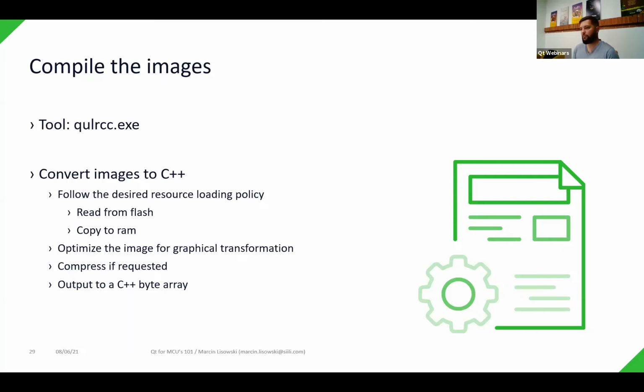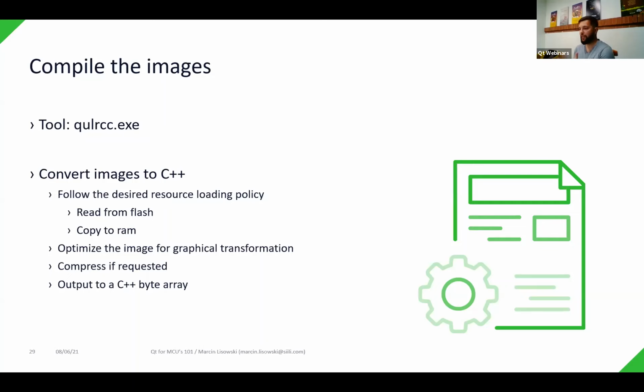So as I said, even if you are providing a compressed format, for example PNG, but you still would like to have the compressed format in your Qt for MCUs application at runtime, it will, let's say, recompress. So it will compress the image in the format that Qt for MCUs is expecting.